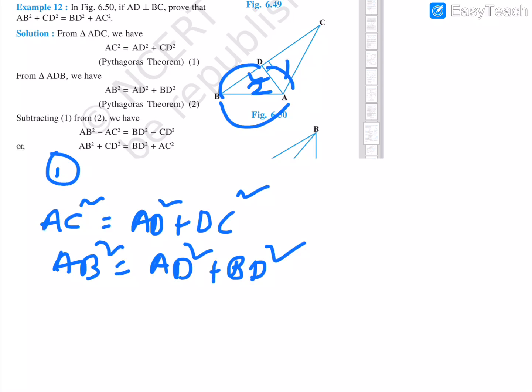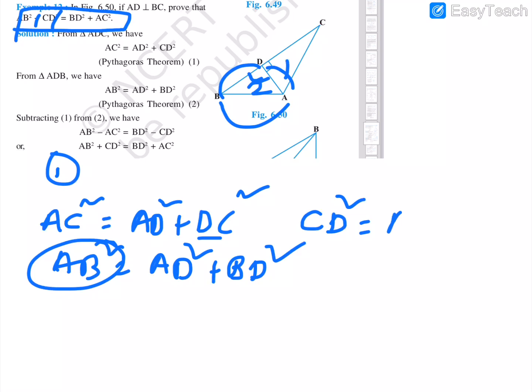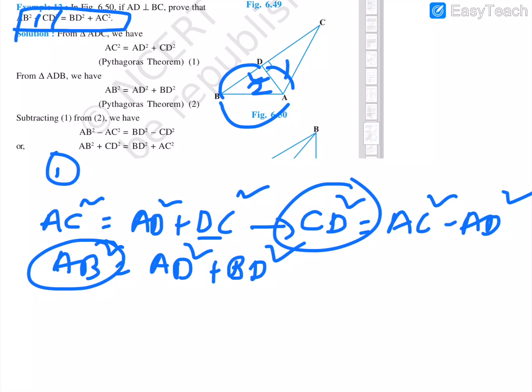So now let us see what is being asked. You have to find AB square plus CD square. So here AB square you already have, and here you make CD square is equal to AC square minus AD square. From this equation we can write this. So we need AB square plus CD square.